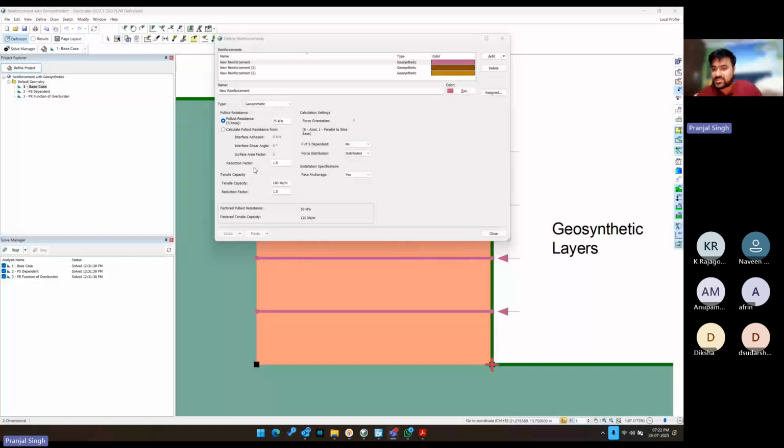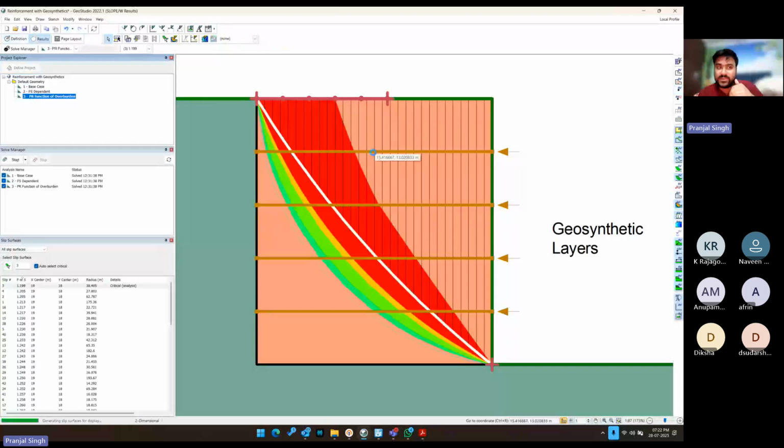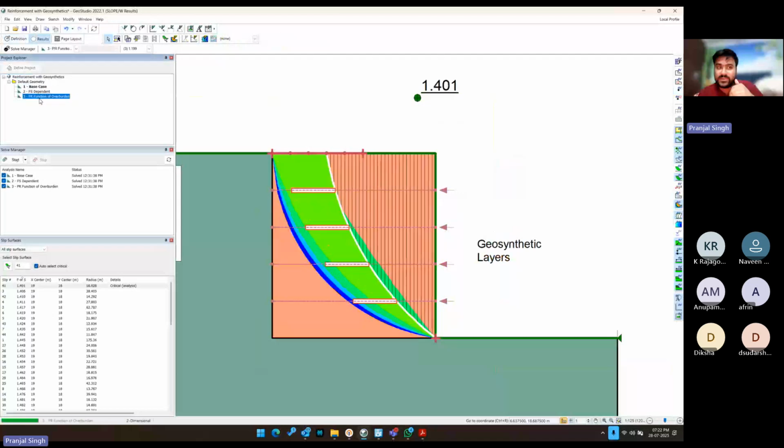We don't have to discuss it right now, but just to show you what I mean, I have three cases. In the first case, I have taken a constant pull-out resistance, and in the third case, it is dependent on the normal load which is acting. Now if you see, the factor of safety has reduced from 1.4 to 1.19.